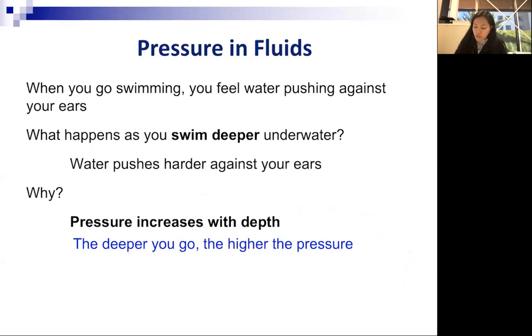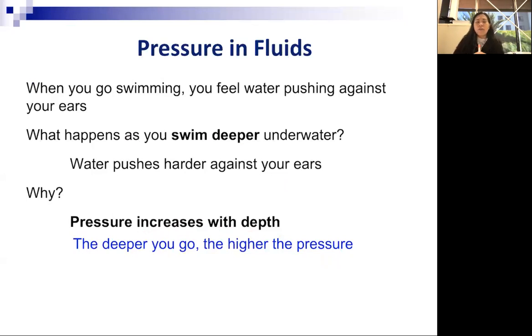The deeper you go, the more pressure you feel, and usually we feel the pressure in our ears, because that's the part of our body sensitive to pressure. But the key idea here is that the deeper you go, the higher the pressure gets. Pressure increases with depth.